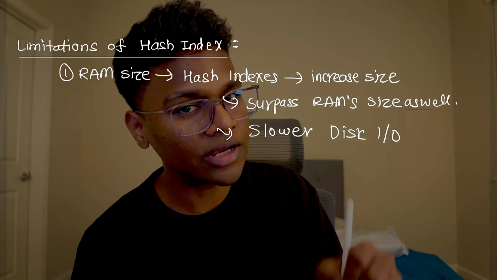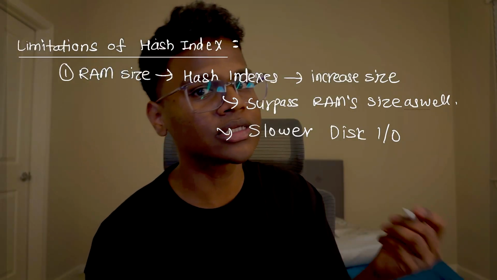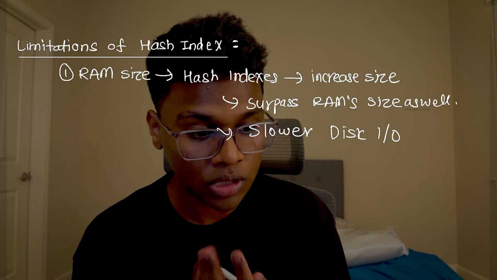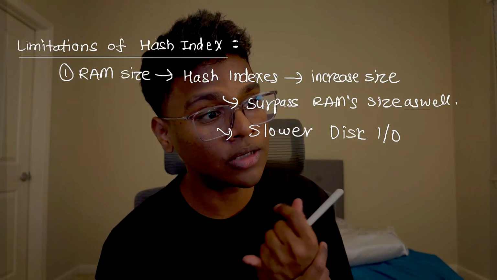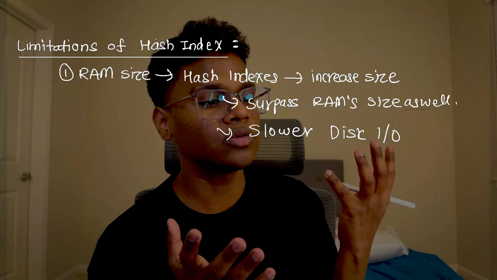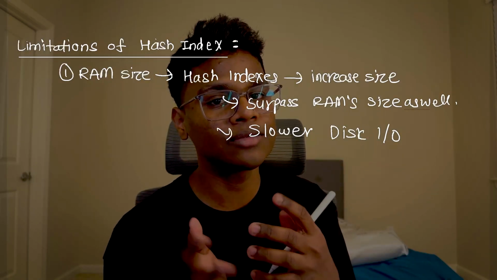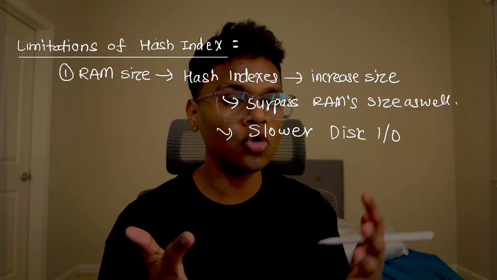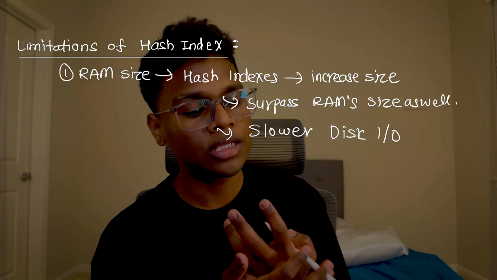So why is writing and reading from the disk slower? You need to learn that from the computer architecture class, because RAM is closer to the CPU and has separate buses, and RAM size is also lower, so it will be faster.